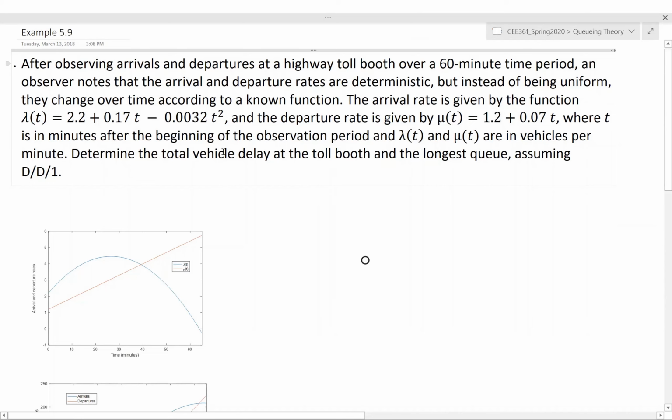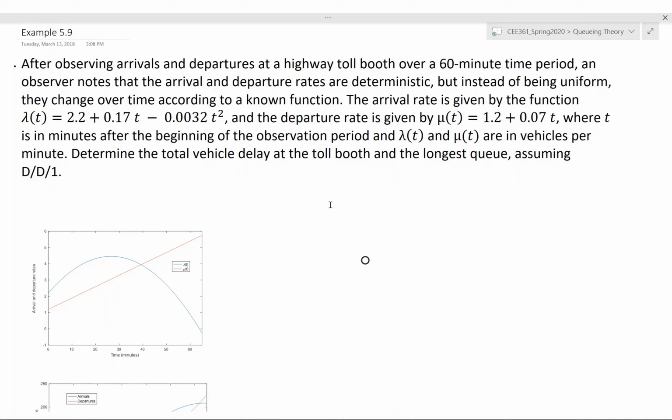Determine the total vehicle delay at the toll booth and the longest queue, assuming DD1. So this is basically very similar to the problem we had before. It's actually even easier. We don't have the break that we had before. In this case, we have two continuous functions. Okay, so let's try to answer this very quickly.